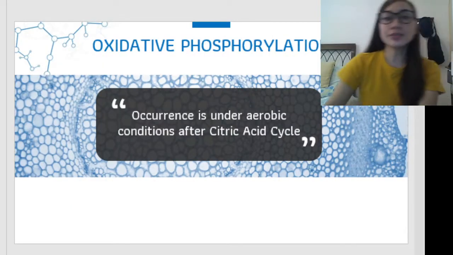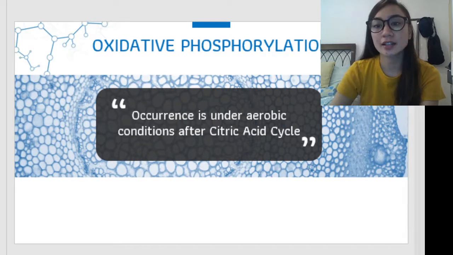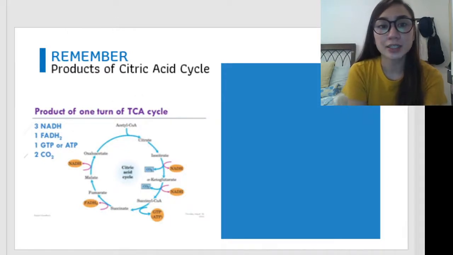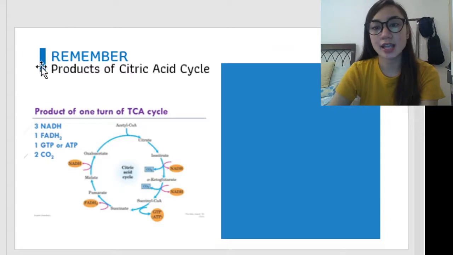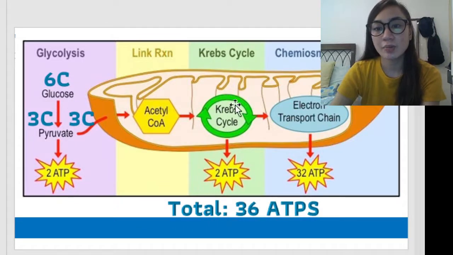So, oxidative phosphorylation is the occurrence which is under aerobic conditions right after the citric acid cycle. So, pagkatapos ng ating CAC. So, remember, ang products ng ating citric acid cycle, product of 1 turn. Again, sinabi ko nga kanina, dalawang beses siya iikot kasi dalawang pyruvate yung ating maproproduce.